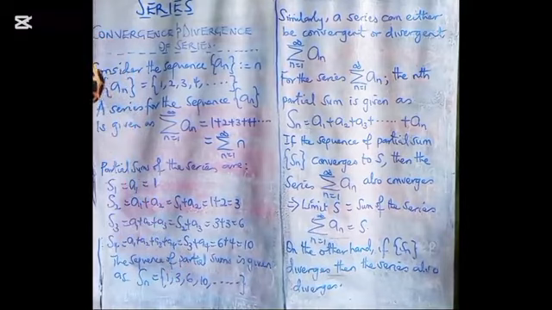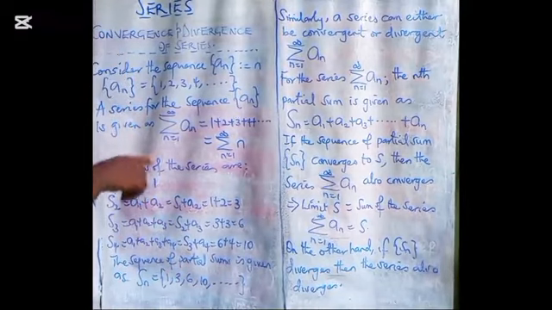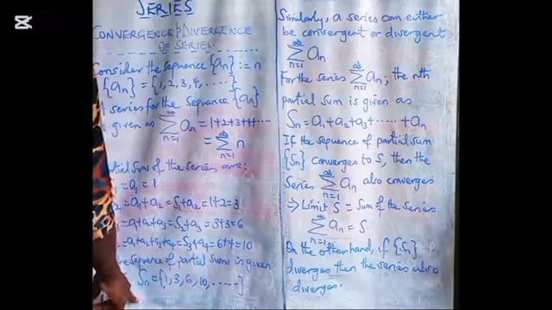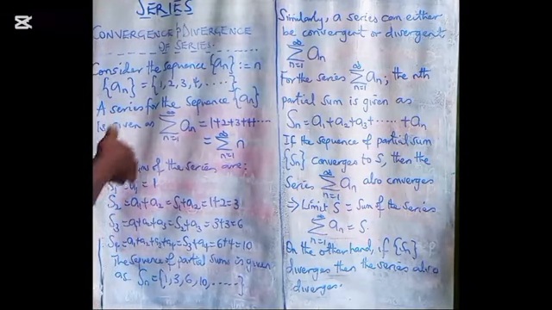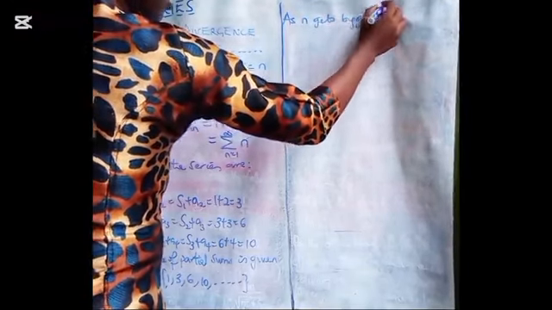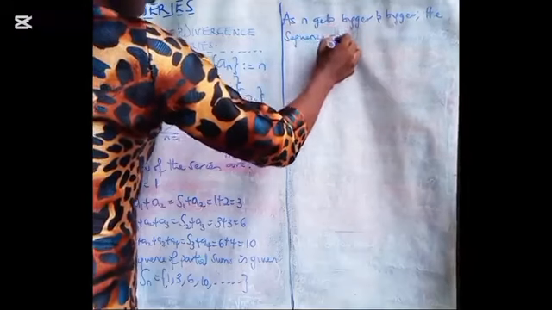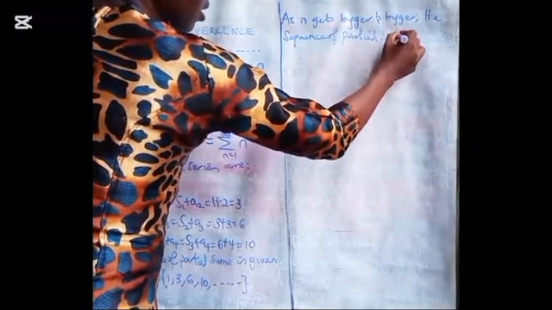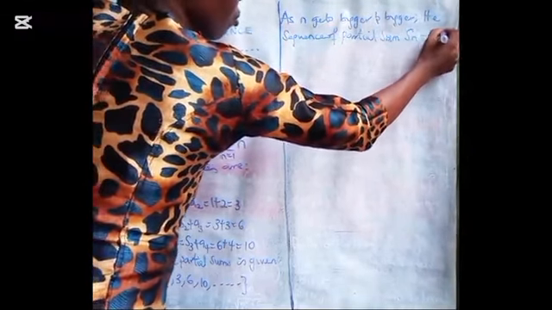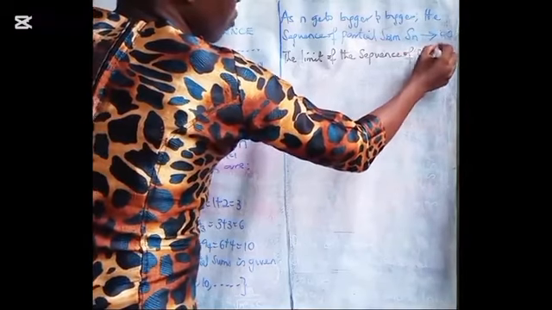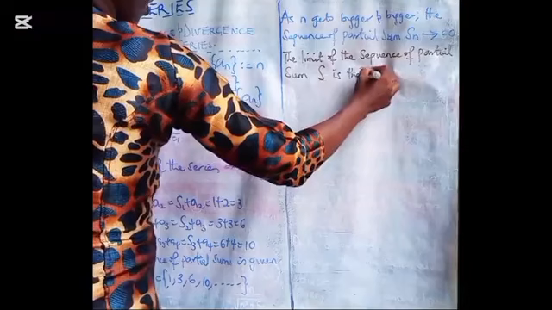We can see from there that as n is getting bigger and bigger, the sequence of partial sums is also getting closer and closer to infinity. As n gets bigger and bigger, the sequence of partial sum Sn tends to infinity.